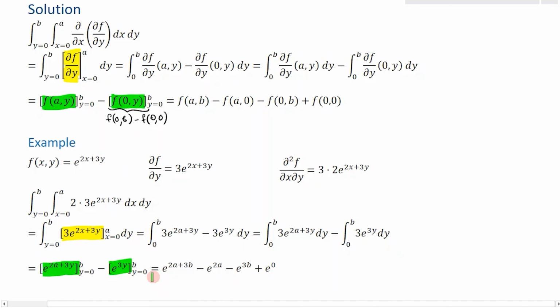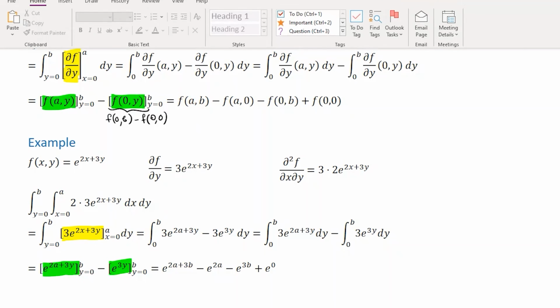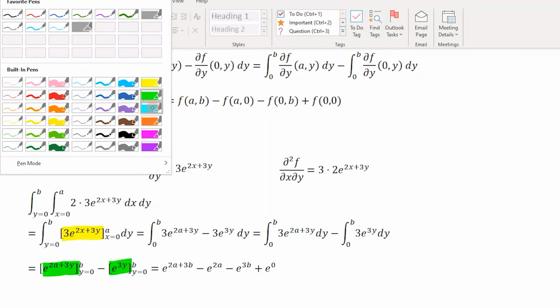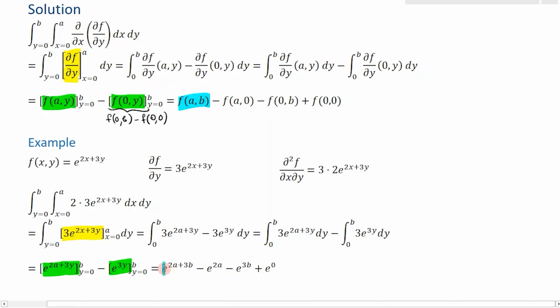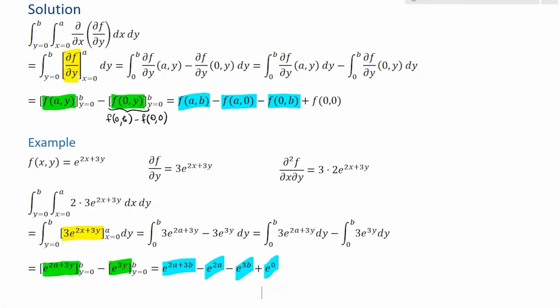And then what I get, by evaluating at the endpoints, is f at (a,b) minus f at (a,0) minus f at (0,b) plus f at (0,0). So everything matches up, as I said here. Well, I only checked some of the steps, but you can see I didn't mess up, hopefully.